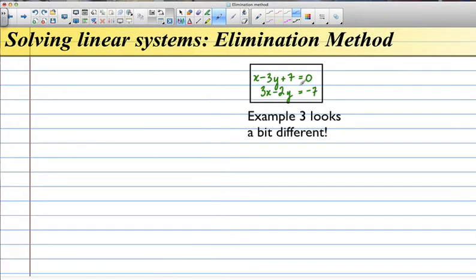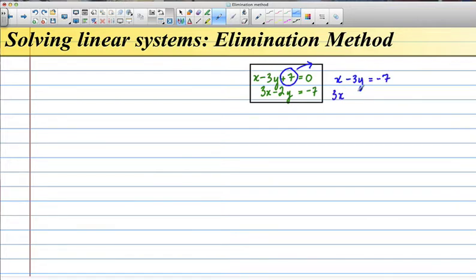When you solve these two systems here, first of all, this positive 7 needs to move to the right side. We're left with x minus 3y equals negative 7, and we'll keep the second equation, 3x minus 2y equals negative 7.